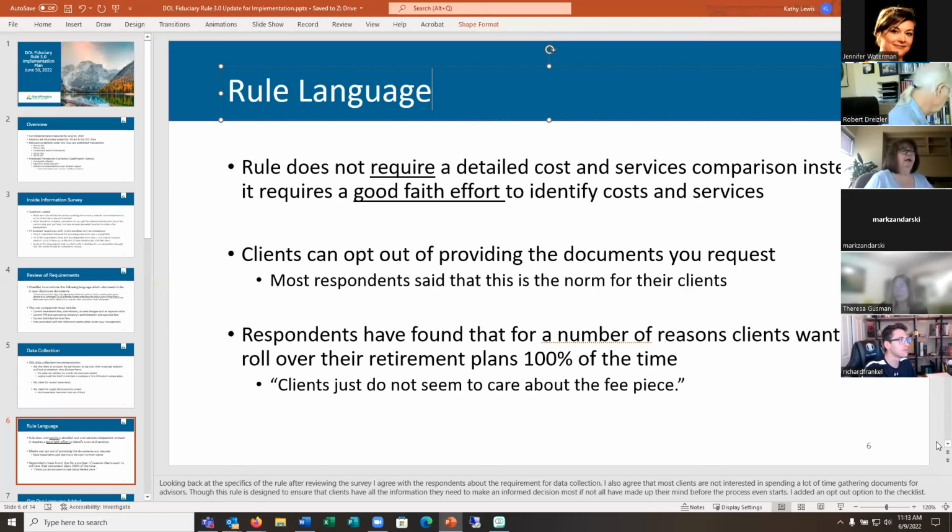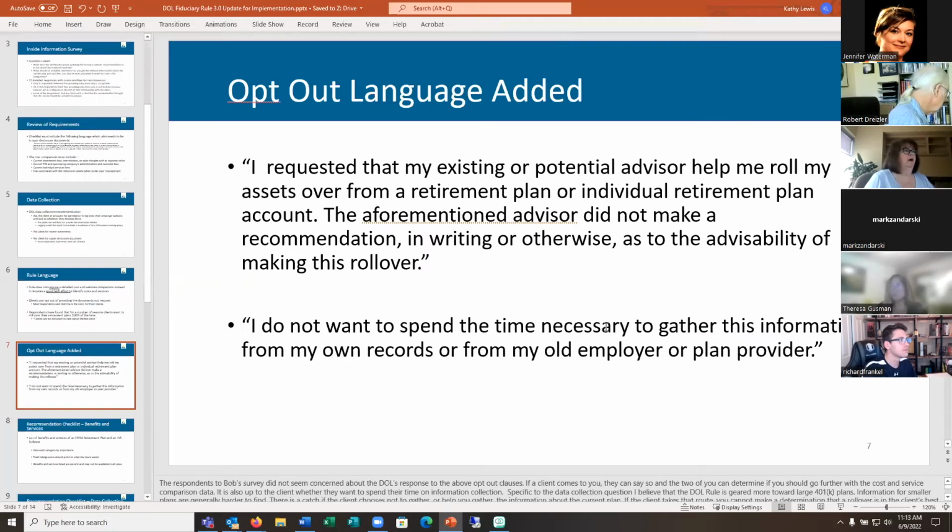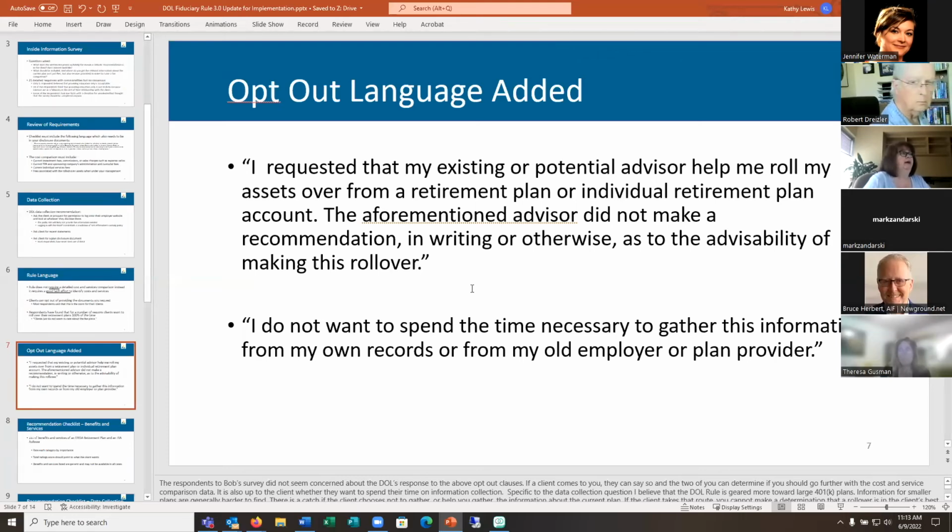So on the checklist that I created, and if you remember from last time, I created 3 checklists, one for an unsolicited rollover, one for an education only rollover and one that included all of the cost comparison, et cetera. I have consolidated that down into one document so that everything is just in one place and you don't have to choose between documents.